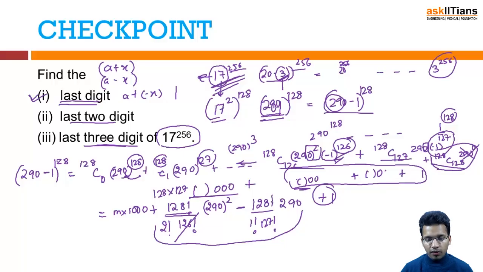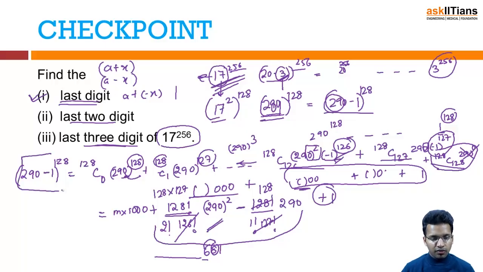Similarly, this one will only be 128, as 127 factorial will get cancelled, so you will get a number 681 and something here. Obviously your second last digit will be 81, and this you can check, not wasting time on calculations. The concept here was to make it in this form.